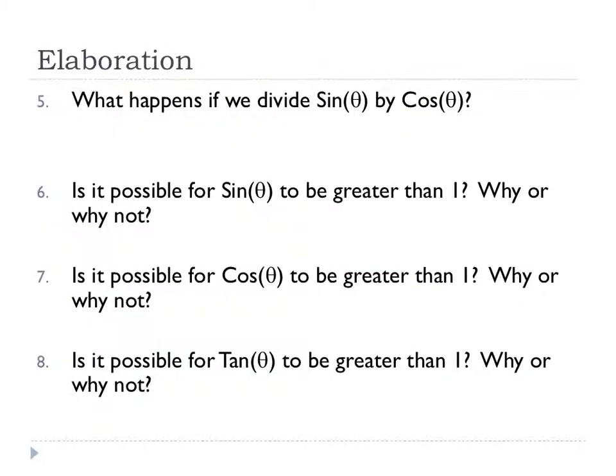And a few elaboration questions. What happens if we divide sine by cosine of theta? Well, sine of theta, of course, is SOHCAHTOA, opposite divided by hypotenuse, and the cosine is adjacent divided by hypotenuse. So let's actually divide these. Well, when you divide by a fraction, it's the same thing as multiplying by the reciprocal of that fraction.